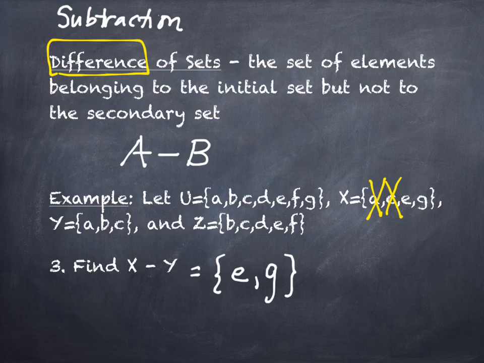It has to be inside of X, and then taking it out, removing it if it's also in Y. Yes? Well, B doesn't belong in X. Is that correct? That is correct. That's why it doesn't get listed down here. Oh. These are only the items that are in X, and we remove the items that are in Y, the secondary set.